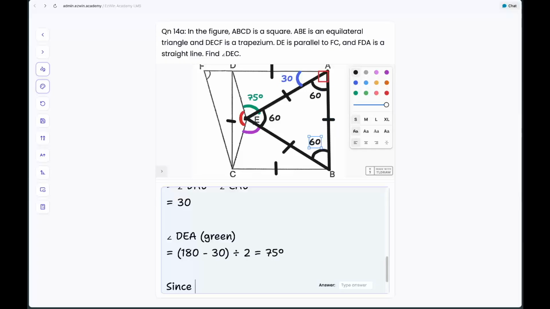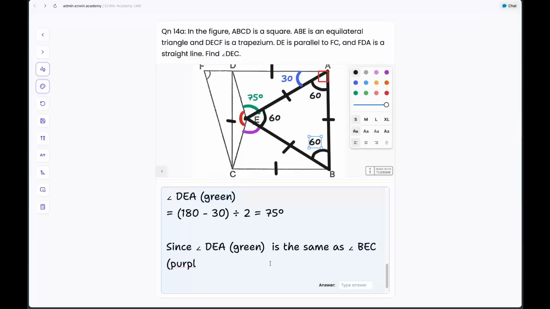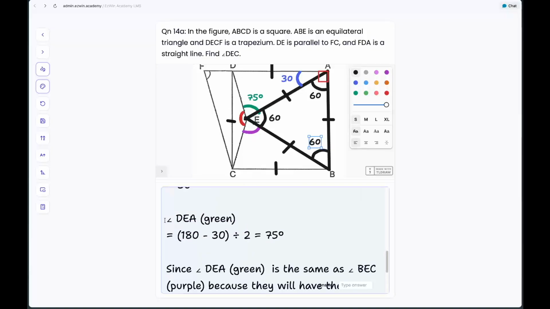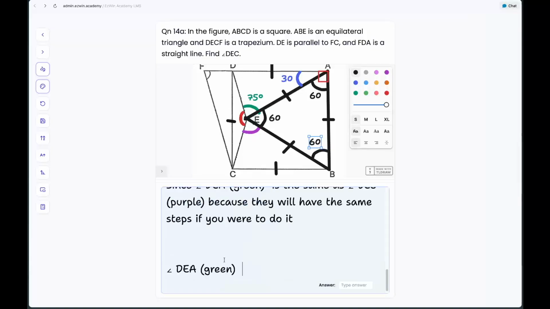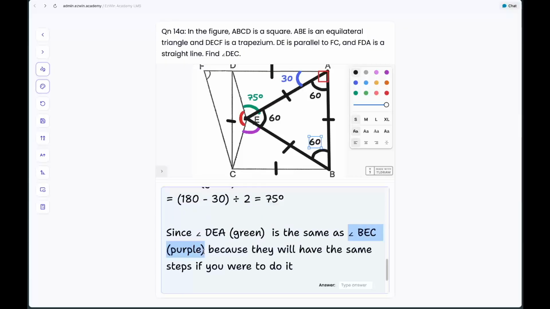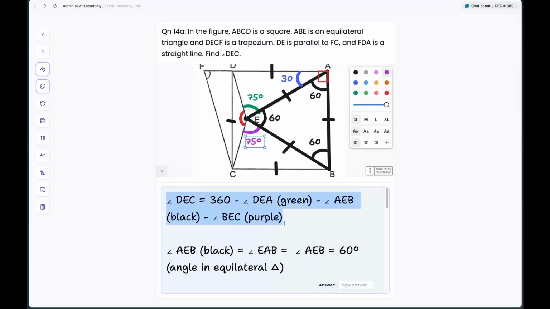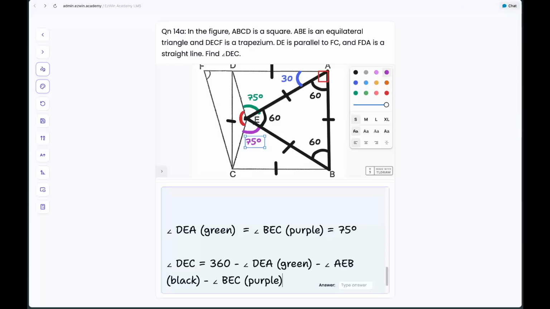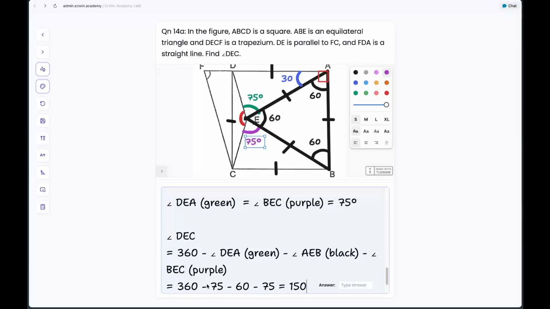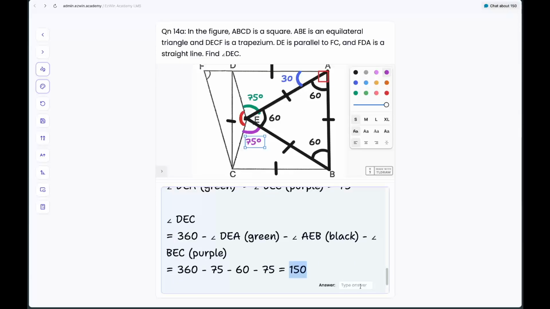Angle DEA is the same as angle BEC, because they follow the same steps, so angle BEC is also 75 degrees. Therefore, angle DEC would then be equal to what we have calculated, which is 150 degrees.